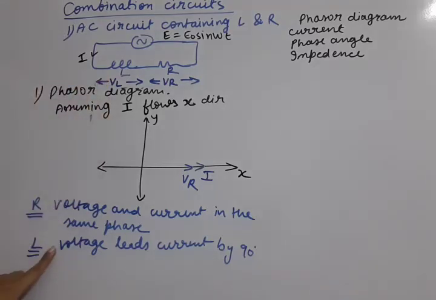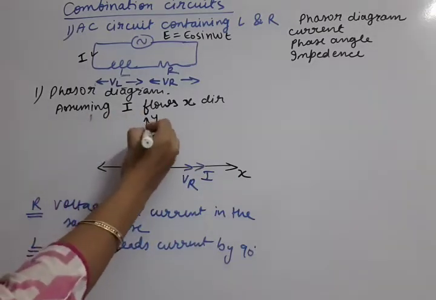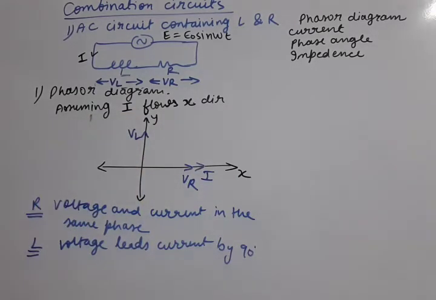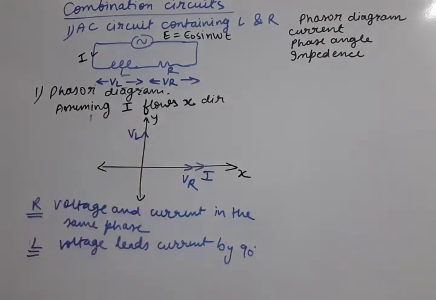In the L circuit the voltage leads the current by 90, and leads means it will remain ahead of the current by 90 degrees. If the current is in the X direction, the VL voltage will be in the plus Y direction. This way we have shown the two voltages, VL and VR.